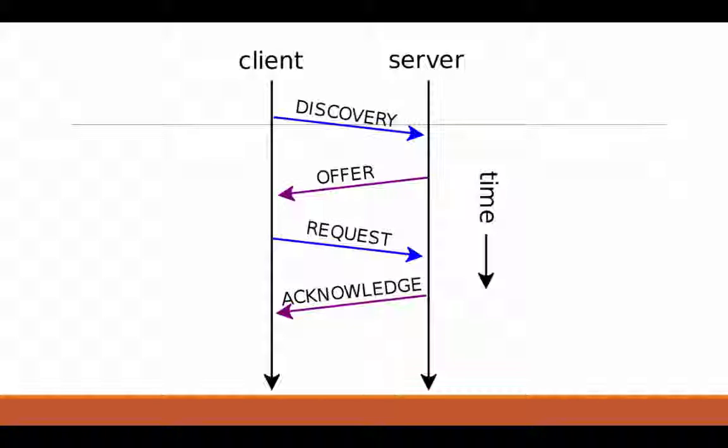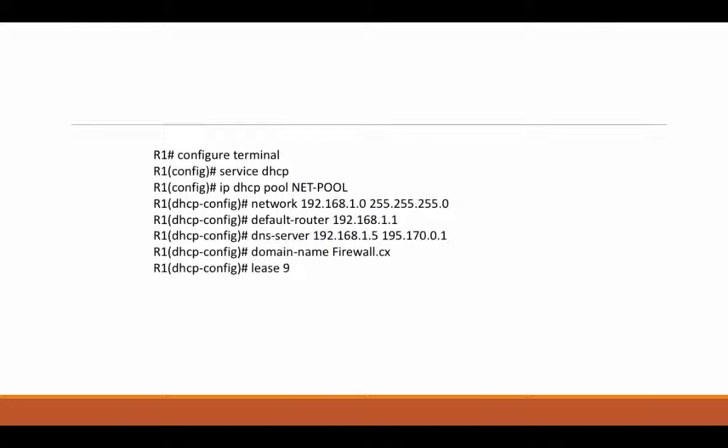So the first steps of enabling DHCP on an IOS router is to do a configure terminal and service dhcp, and then the next step is to create a DHCP pool that defines the network of IP addresses that will be given to the clients.